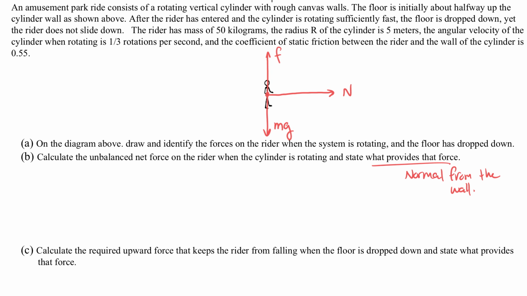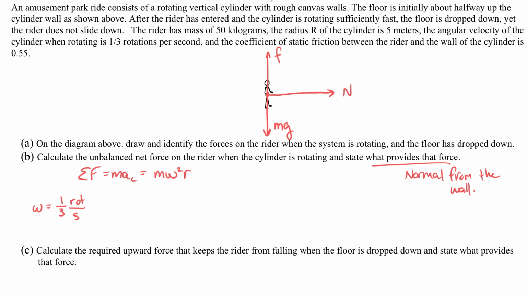I have to calculate it, though, and that means net force equals MA C. So I'm going to do M omega squared R, because they gave me omega. So I see no reason to use V squared over R. Omega is 1/3 rotations per second, and I know I can't use that here.